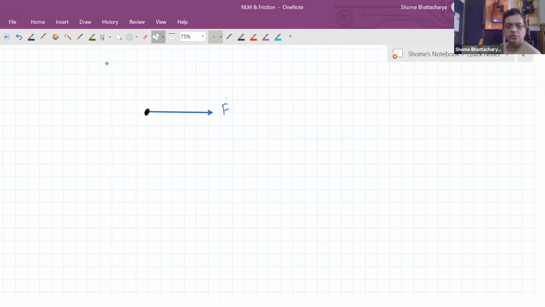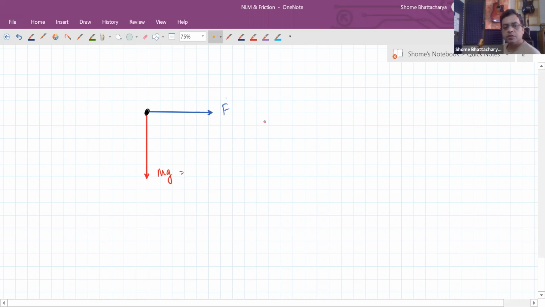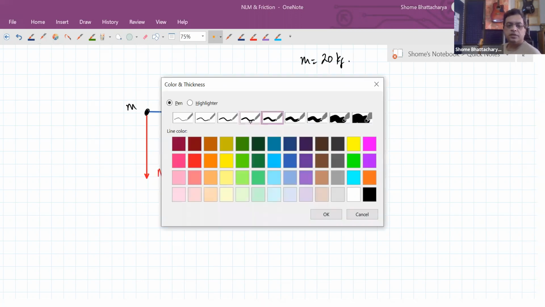Obviously, the weight of the body which acts vertically downwards. Okay. And that will be, in this case, 200 newtons, because the mass of the body was 20 kilograms.